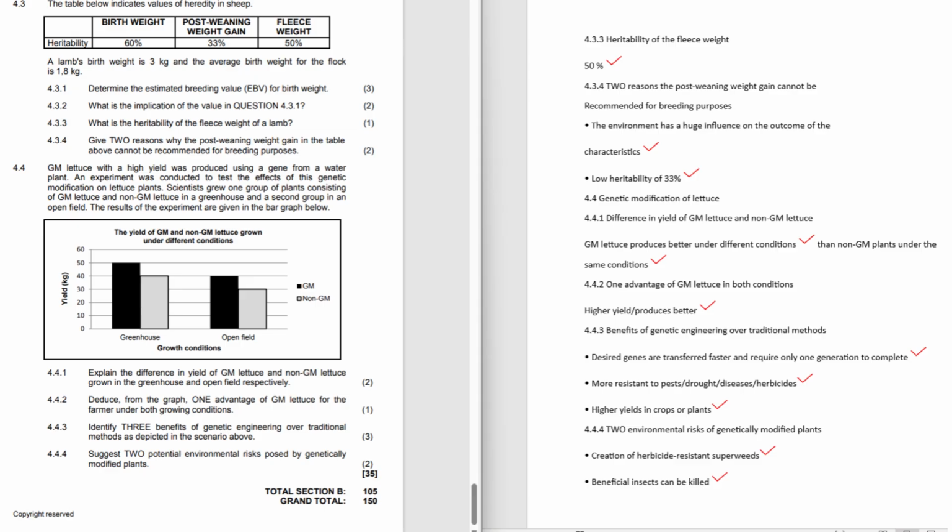4.4.2: Deduce from the graph one advantage of GM lettuce for the farmer under both growing conditions. That means they want the answer to be related to the graph. Deduce: take from the graph.